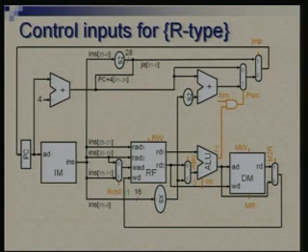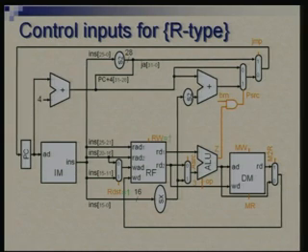So, for example, let us start with R type instruction, or basically arithmetic logic instruction. RDST needs to be made 1, because the write port has to be addressed by bits 11 to 15 of the instruction. Okay. So, we need to give this control signal as 1.